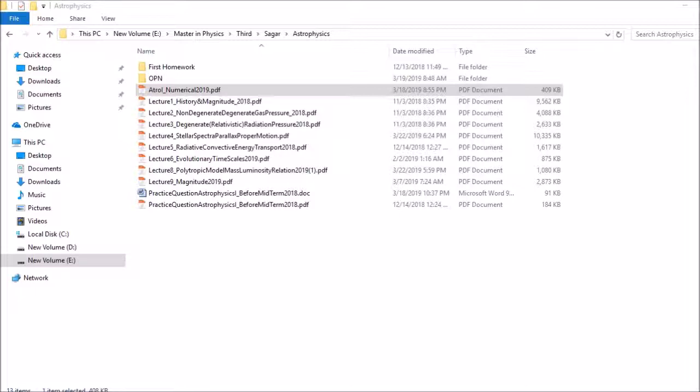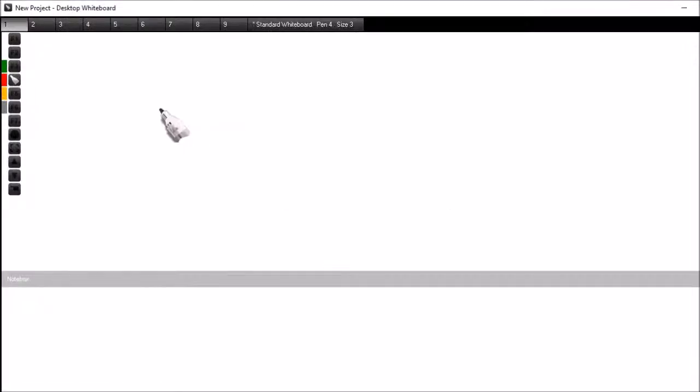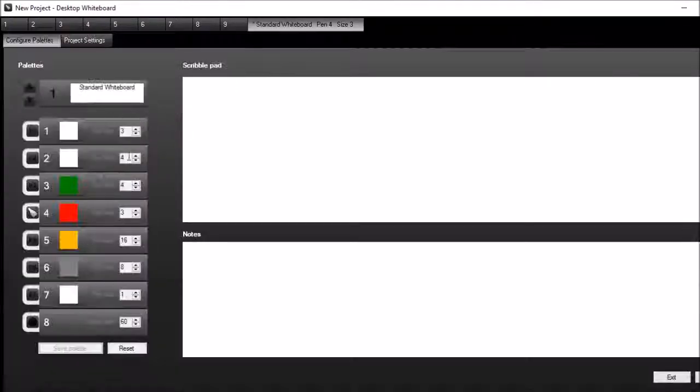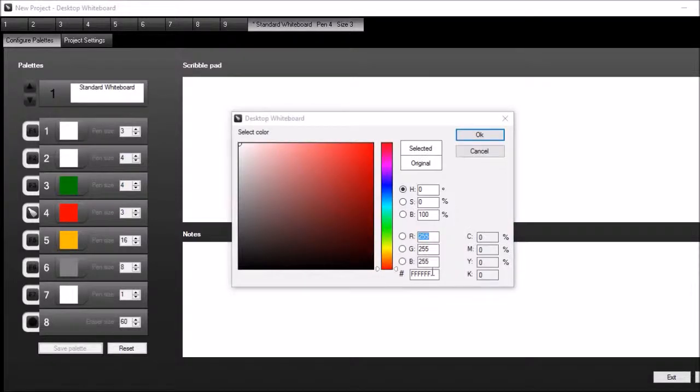In such a case I will simply use the formula. So what are the formulas that I can use? Let me use this.